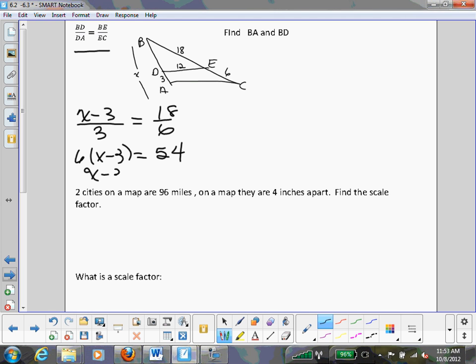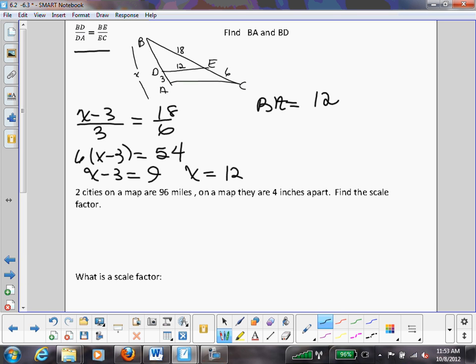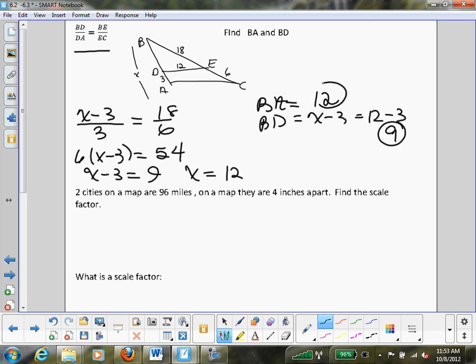So that means x minus 3 is equal to, and so x is equal to, yeah, not 6, 12. Okay, so let's go back and see what they're wanting. They want to know what BA is. Well, BA is what x is, correct? And so it's going to be 12. And BD, we define BD to be x minus 3, which is 12 minus 3, which is 9.